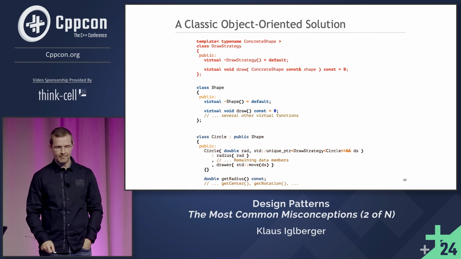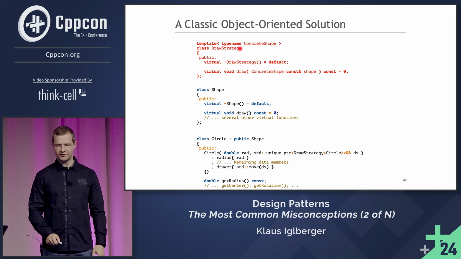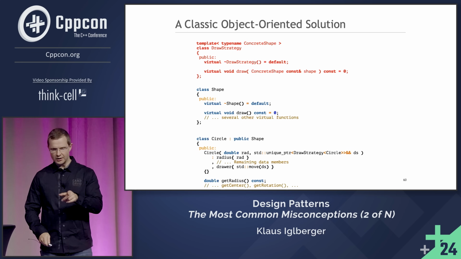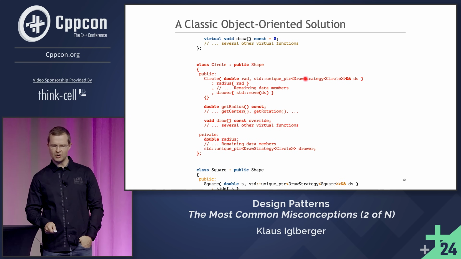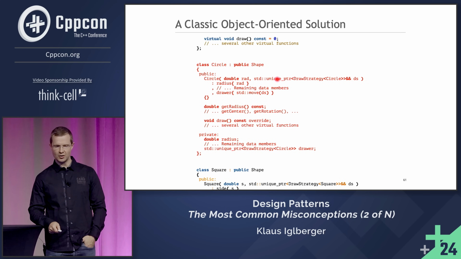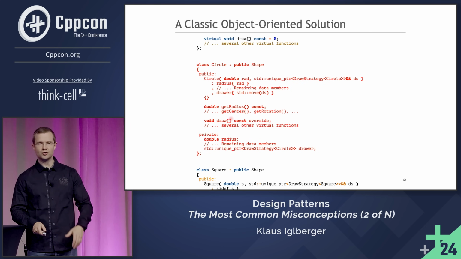manage this dependency, let's also introduce another base class called draw strategy. This draw strategy represents the implementation details of drawing. And the circle just takes one of these draw strategies in the constructor. So it gets this with a unique pointer to draw strategy. Circle moves this into its data member, and from now on knows how to draw itself.